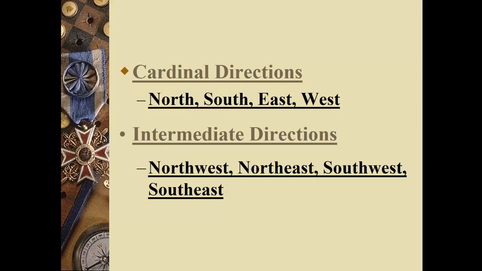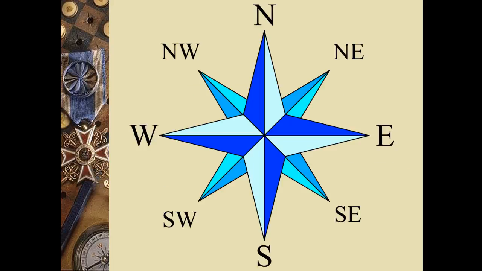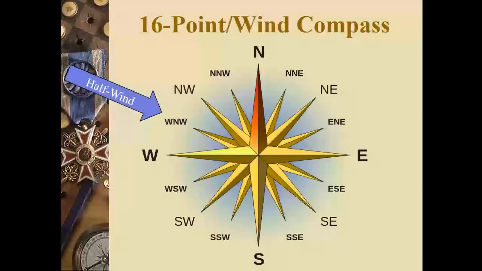So these are the directions that are in between the major ones: north, south, east, and west. So northwest, northeast, southwest, southeast. If you look at the compass rose here, you see the cardinal directions, which are the major ones, and then you see the ones that are in between, like northeast.